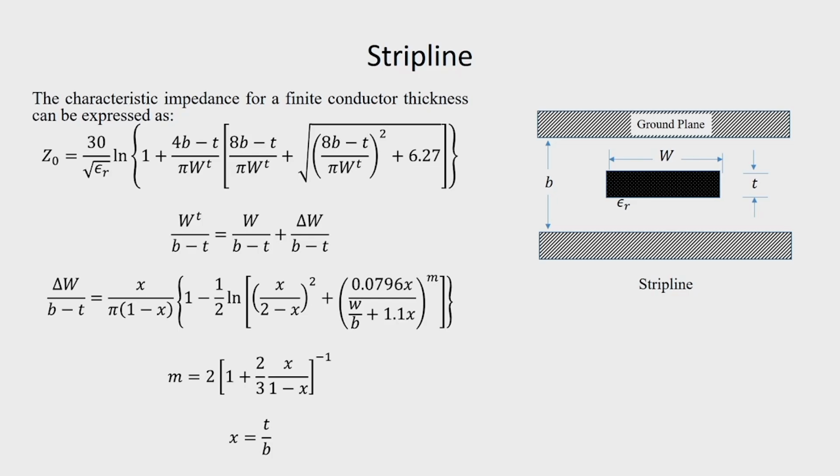we start with this parameter T by B, and then we can calculate M, delta W divided by B minus T, and then finally these equations may be substituted to calculate Z naught.